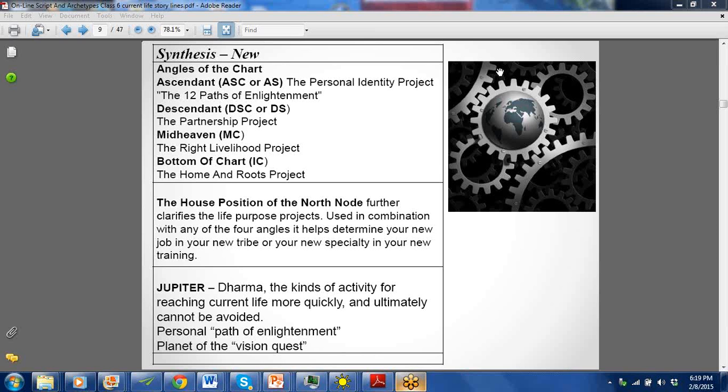So we have to keep that in mind, and then that dovetails into the primary difference between the storyline of your lineage and the storyline of current life purpose, which is the main feature of this class. The storyline of lineage, that's who you have been.